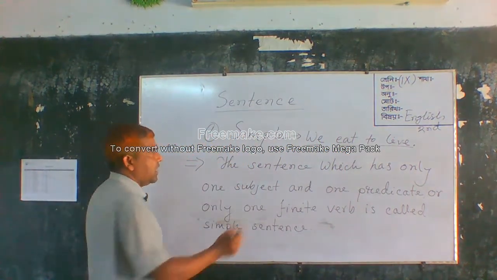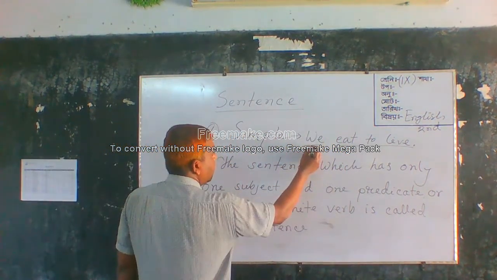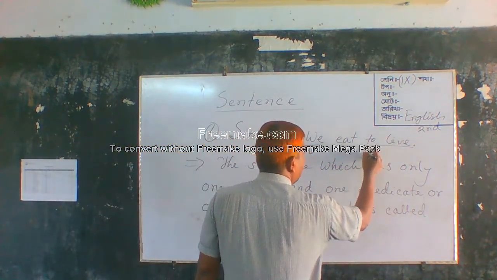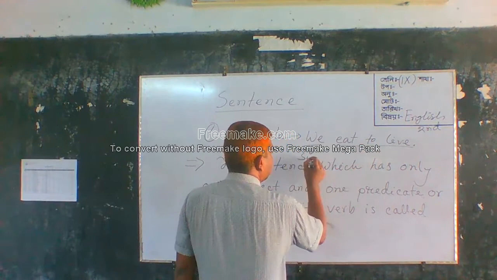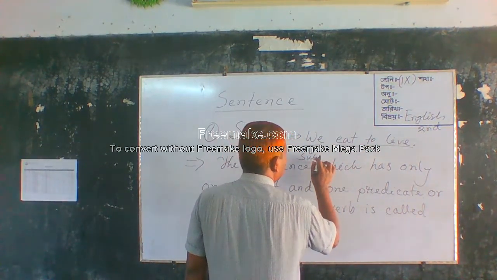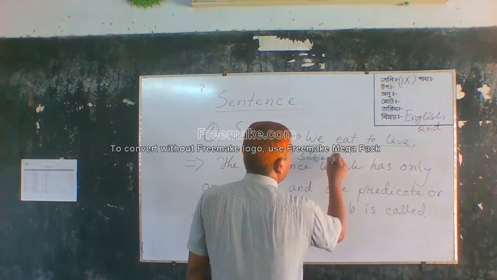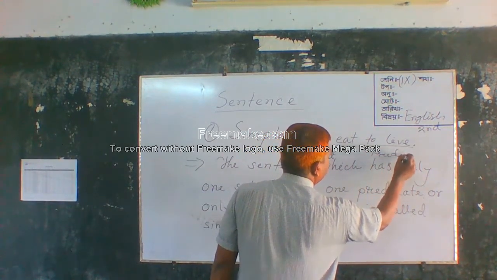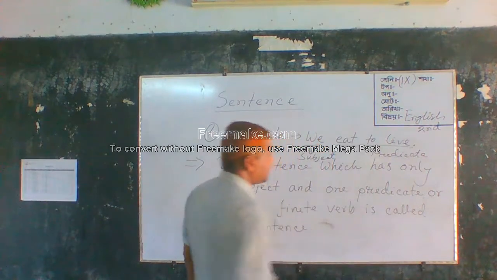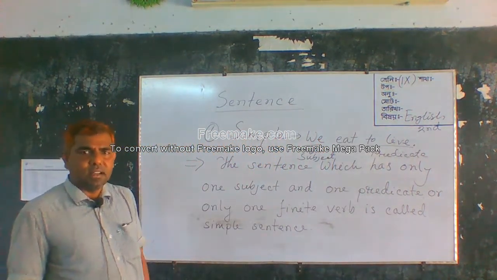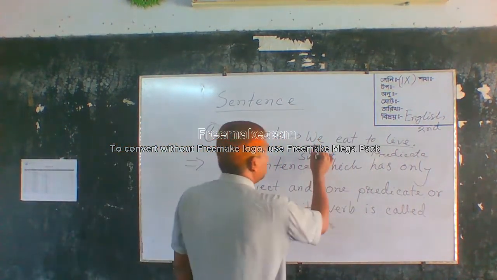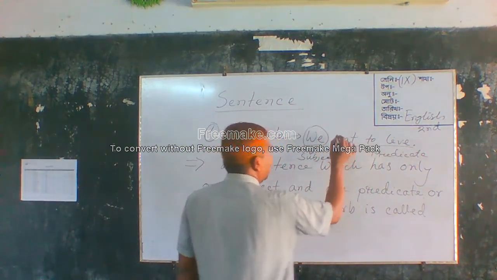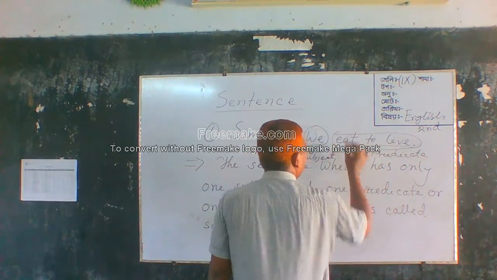Here you can see only one subject and only one predicate. Only one subject and predicate. We eat to live. Here we is the subject and the rest is the predicate.